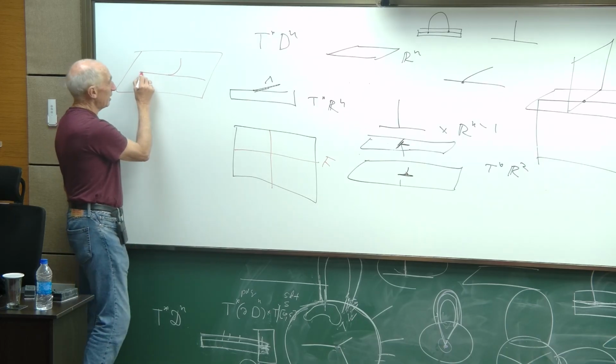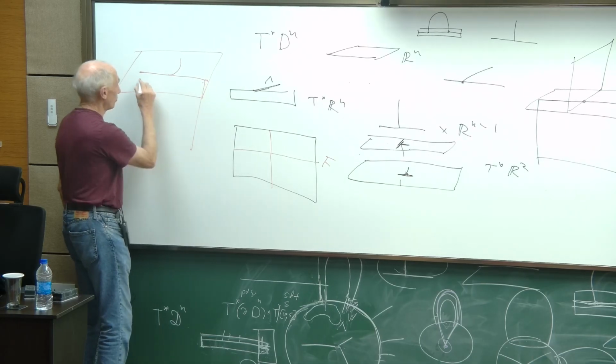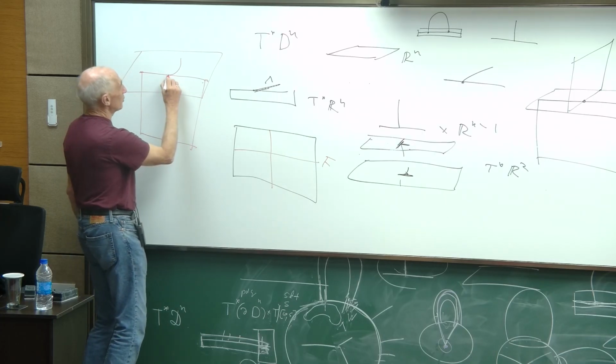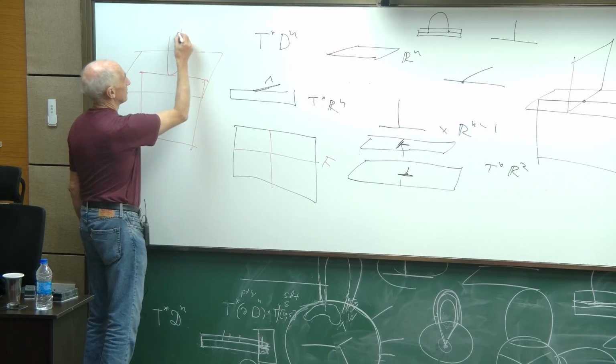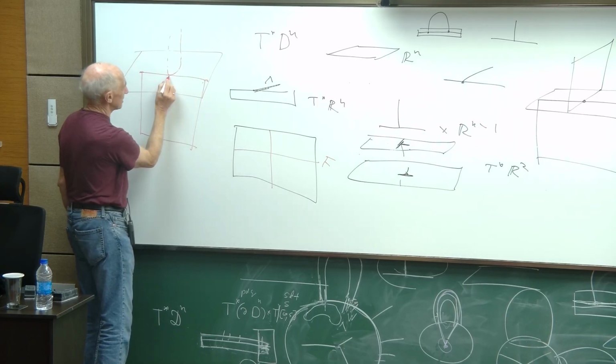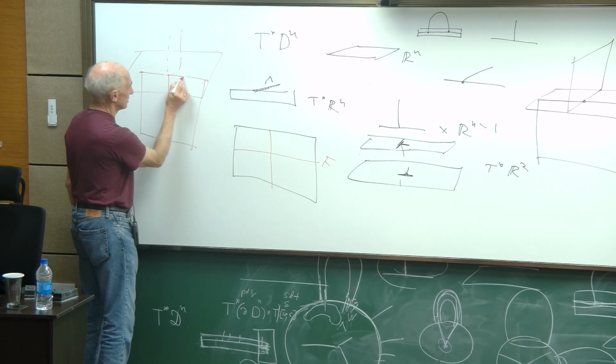I mean, you take a half conormal for this, and take a quarter conormal for this. Okay, I'm drawing this. Sorry, you take a quarter conormal for this. Okay, sorry.